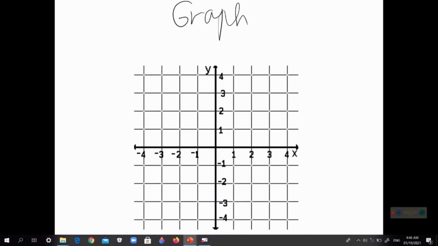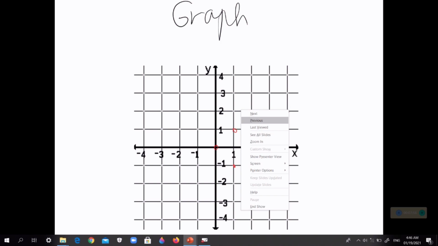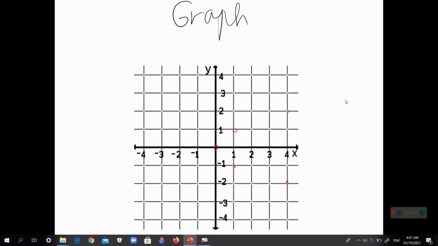Again, we have 0, 0 on this part. Then we have 1, negative 1. We have 1, 1. We have 4, negative 2 on the fourth quadrant. And we have 4, 2 on the first quadrant. So we have these points, 1, 2, 3, 4, and 5 points on our graph.